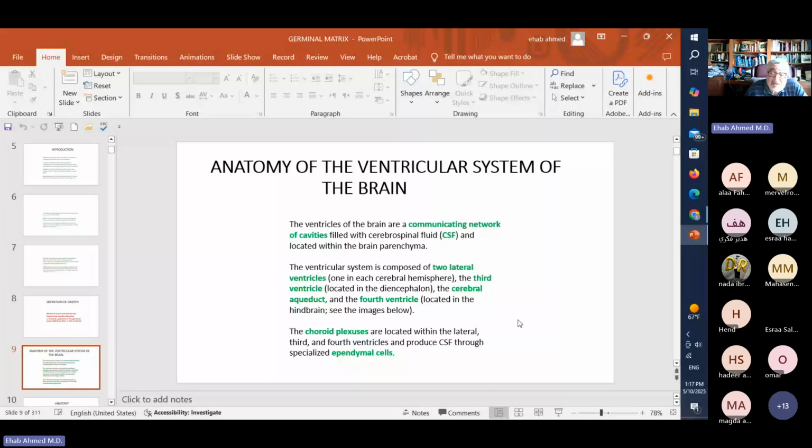The choroid plexus are located within the lateral, third and fourth ventricles, and they are the structures that produce the CSF. And this is done through ependymal cells. What are the ependymal cells? The ependyma is the lining of the ventricles, the thin layer that lines the ventricles.